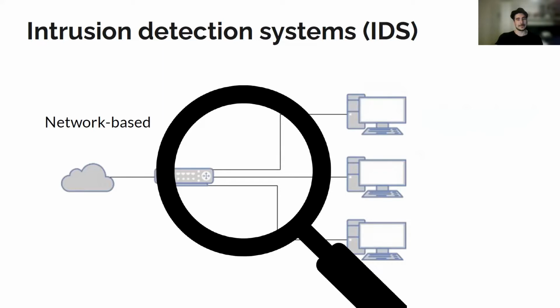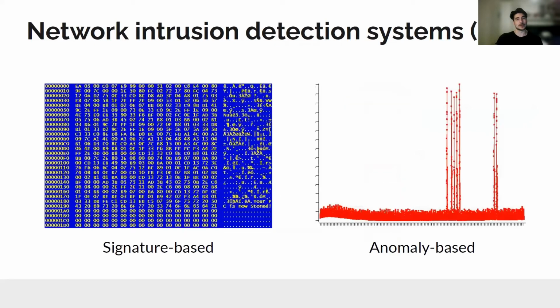Now, within network-based IDSs, or NIDS for short, generally speaking, there are two main types of systems. On the one hand, you have signature-based systems, and on the other hand, you have anomaly-based systems. Signature-based systems work by means of rules, and these rules tell the system specifically what to look for in network traffic.